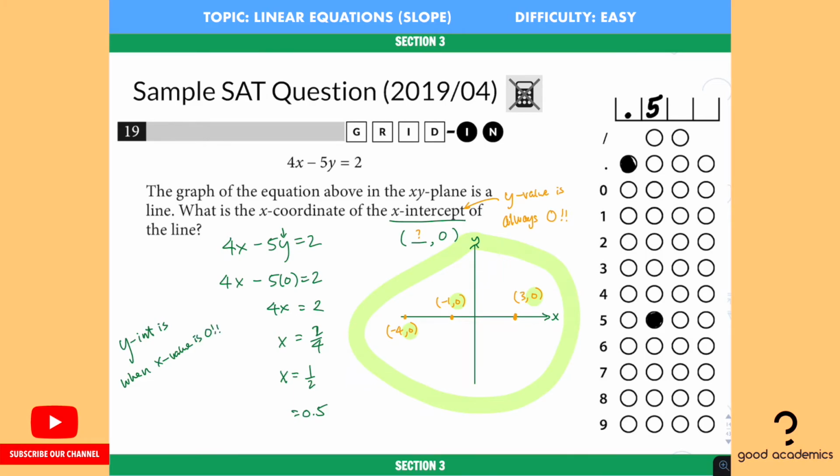Now we're not talking about the y-intercept right here, but let's go ahead, use the same method, test it out, and prove it to yourself that, oh yeah, for y-intercepts, the x is always 0 because, duh, look at all the coordinates. The x values are always 0. Then you would not need to memorize anymore. All right?